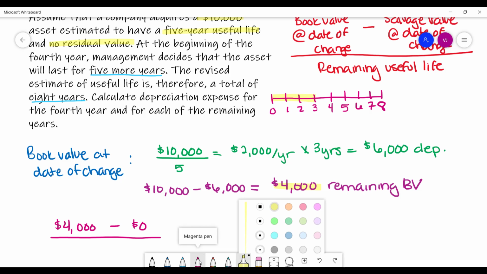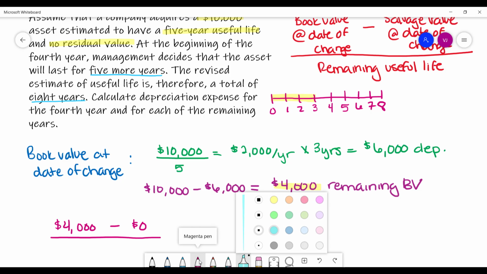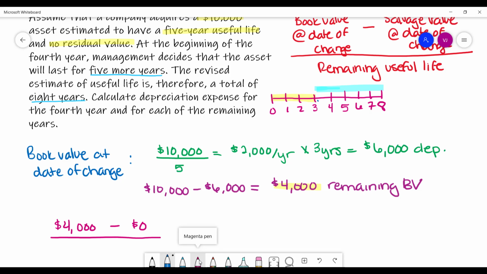Because now they've revised their estimate and say, okay, it's not just going to last us 2 more years, but another 5 years. So we have 1, 2, 3, 4, 5. So that's the revised remaining useful life. So we're going to divide that $4,000 by the remaining useful life of 5 years.